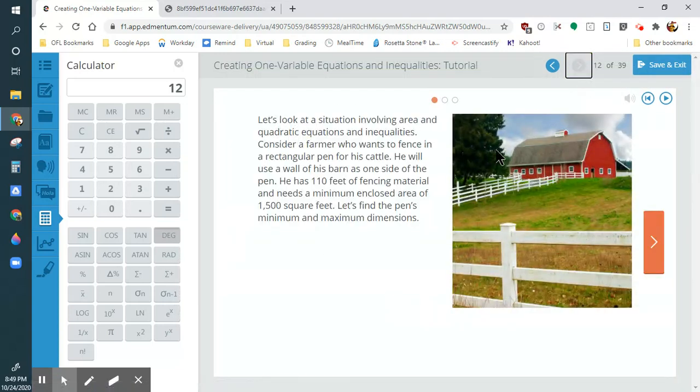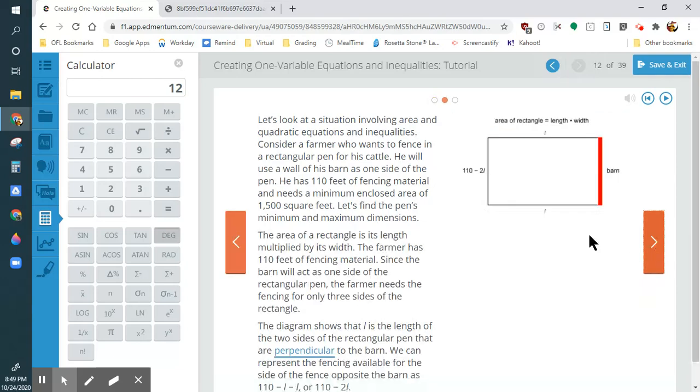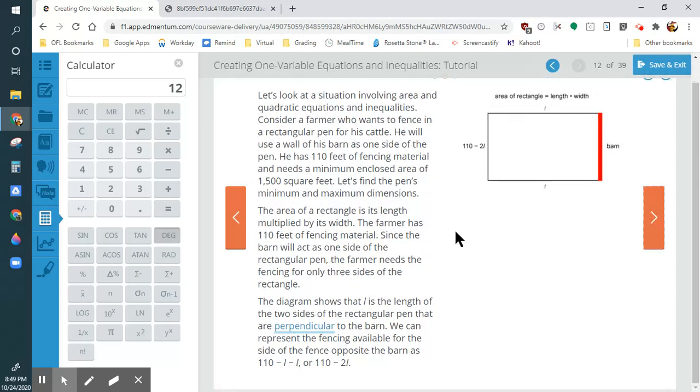So now we're going to look at a different type of solution involving area. So think of area as length times width. So we're going to say that there's a length here, and this width is less, if it's 110 minus 2 times the length.